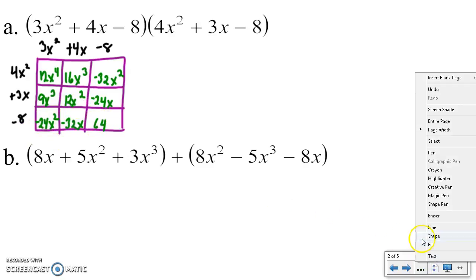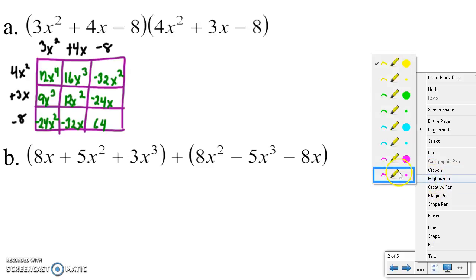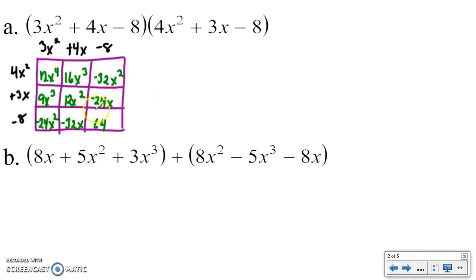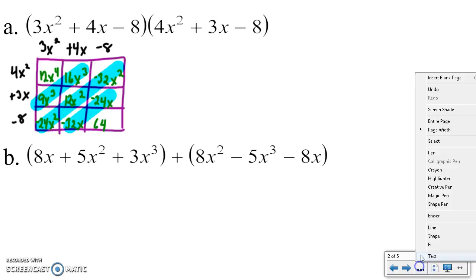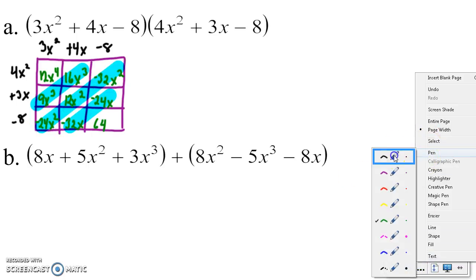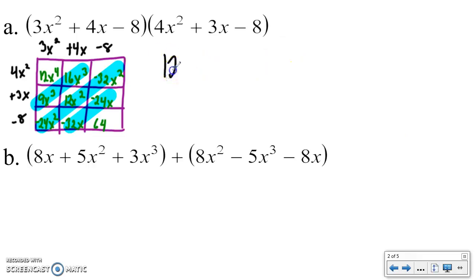So this is exactly what we did yesterday. After we've multiplied, we should be able to go through and highlight along the diagonals, and those should be our like terms. So once I've multiplied, I need to remember to combine my like terms together. So I have 12x to the 4th, and then 9 plus 16 gives me 25x to the 3rd.